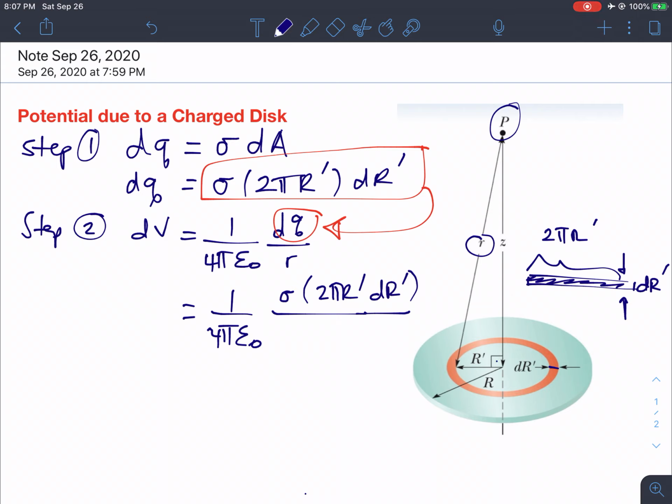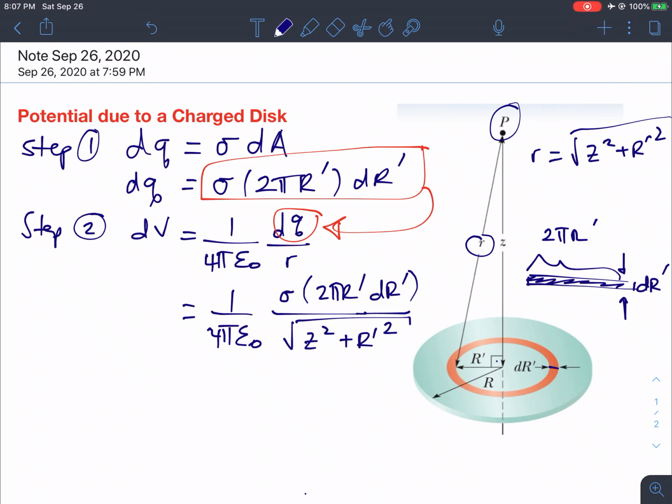You can see the right triangle here. r is the hypotenuse. So when we write r, we're going to write the square root of z squared plus r prime squared. You can hopefully see that triangle here. And you just need to square the sides and add them up. And that's what we have here. So down here we have z squared plus r prime squared.